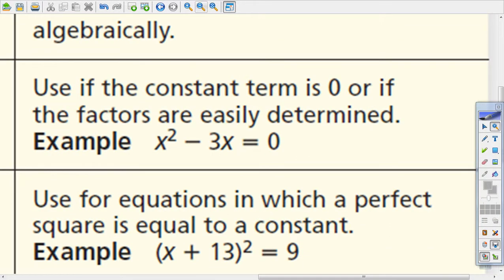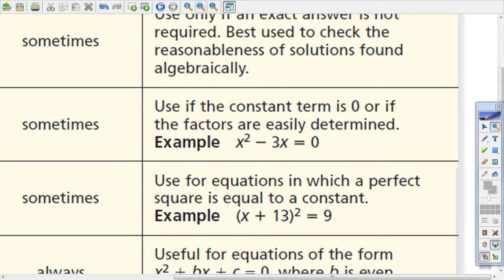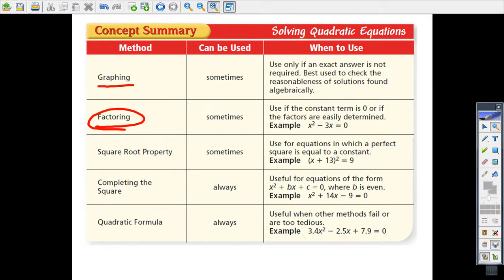You would still get the right answers, but it would just be a lot more work. So part of the skill is being able to look at these and identify if you have something that looks like x squared minus 3x or something you think you can factor, and try it first. See if it works. If it doesn't work, then go down the list. So I would definitely try factoring before you do anything else because it's so quick.